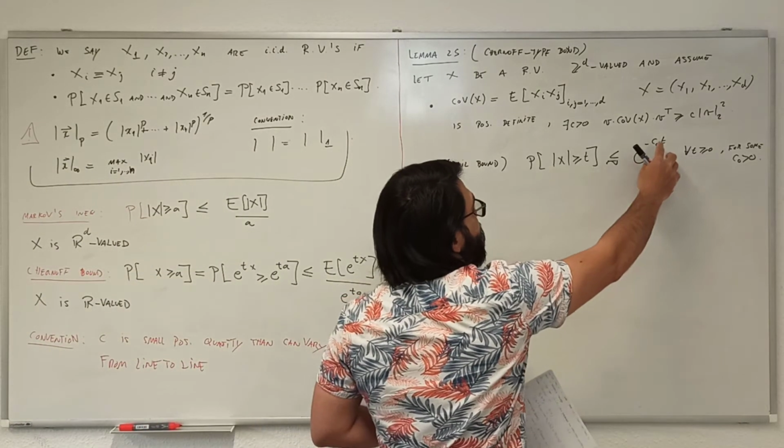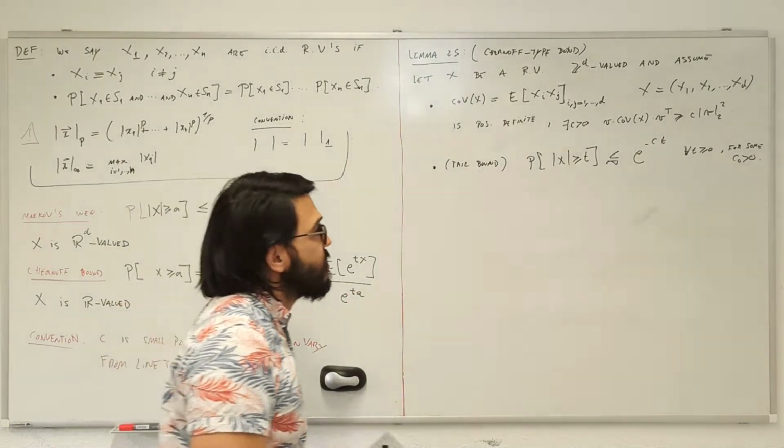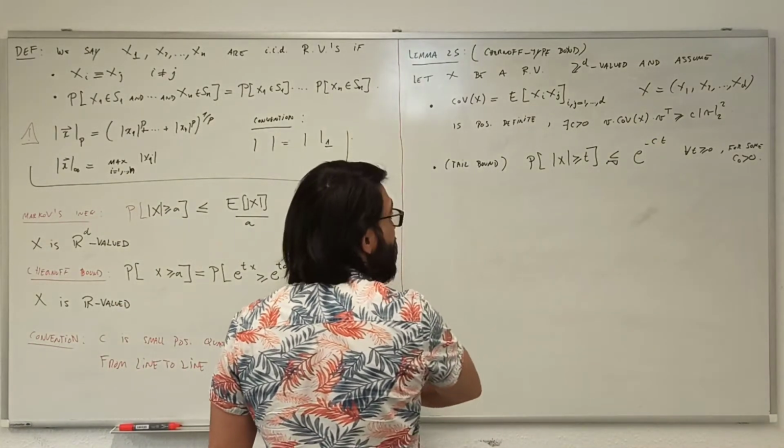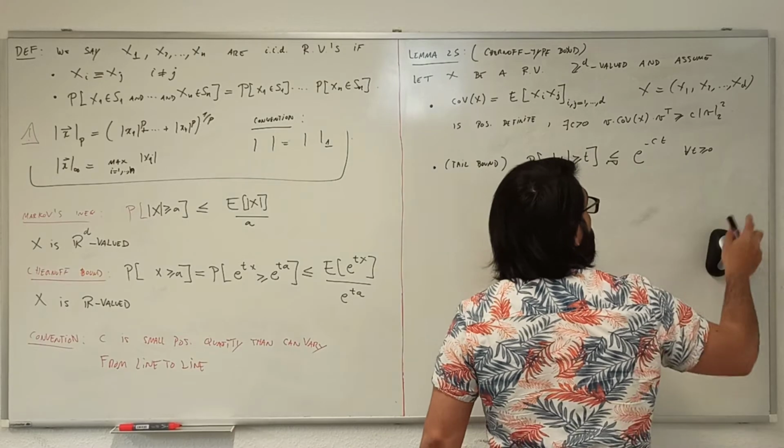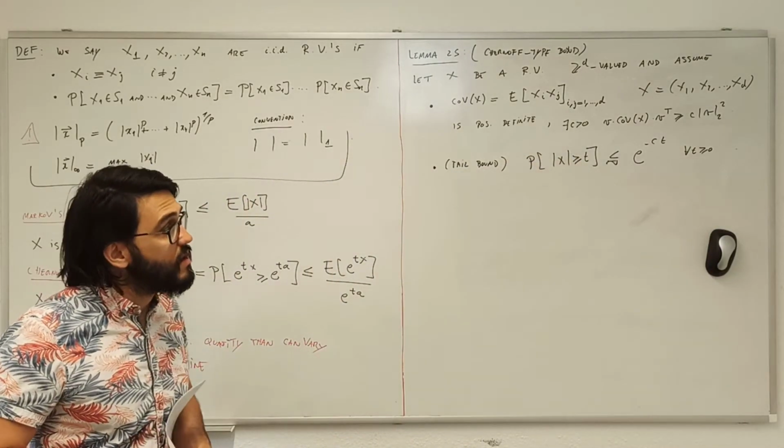Maybe using the convention already, you can drop this thing. Okay, so we have this following tail bound.